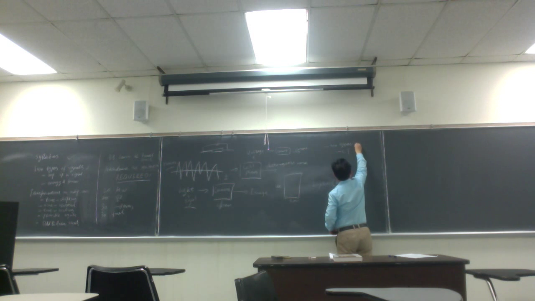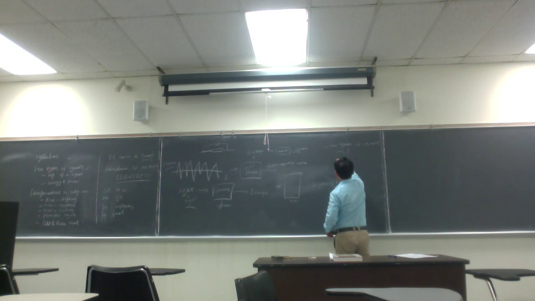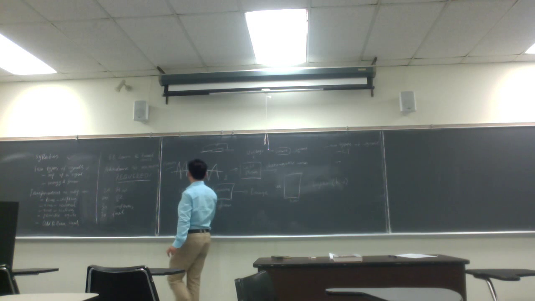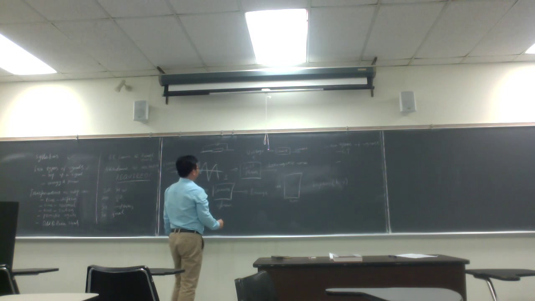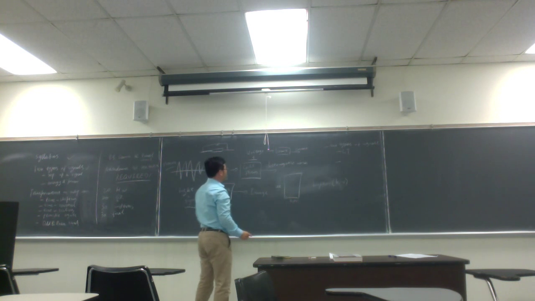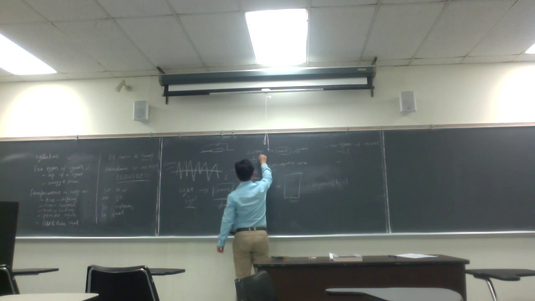So we have two types of signal. One is continuous time, and the other one is, for every different time step, we have, when t equals 1, a voltage, and when t equals 2, a voltage.